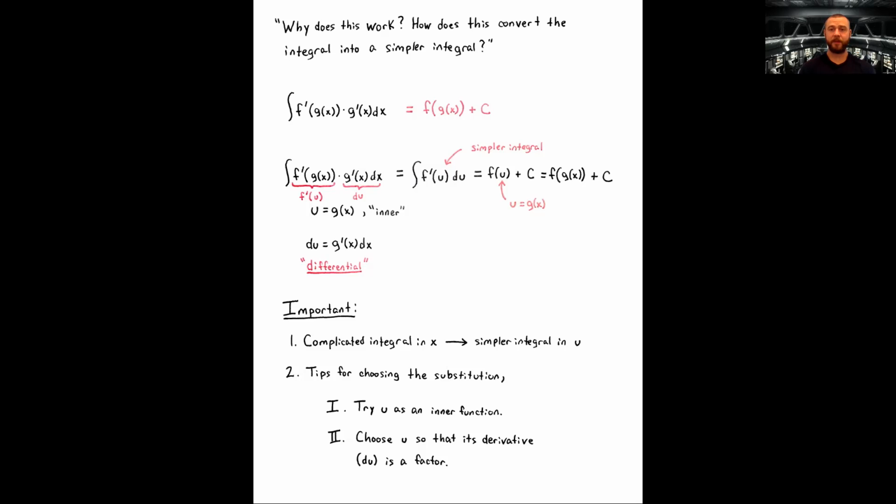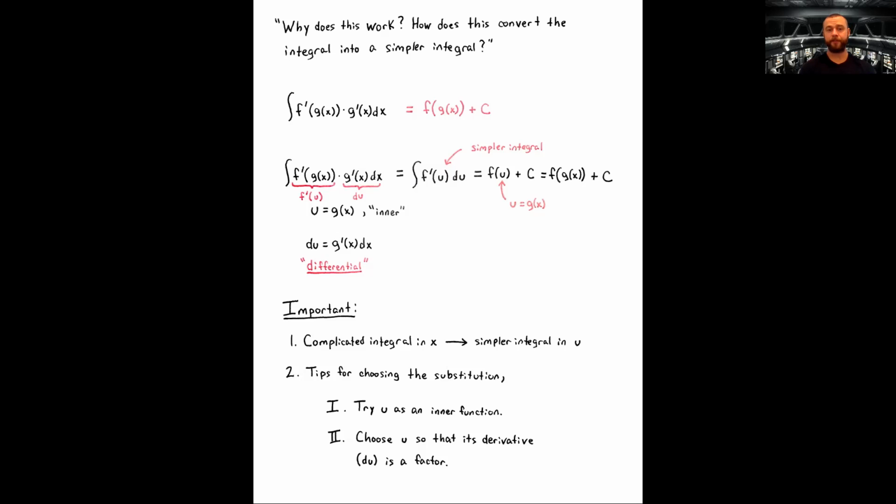A second tip, from what we see with converting using the differential du: whatever you choose your u as, you want to make sure that its derivative or differential du is a factor of the integral. Notice above why that makes sense.